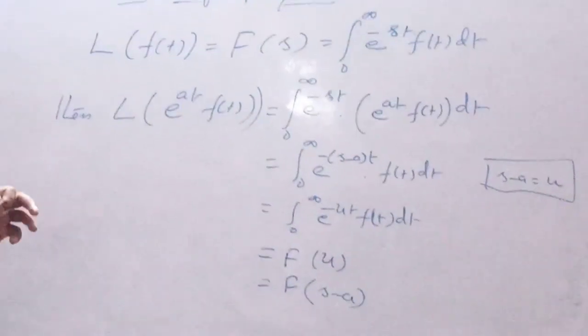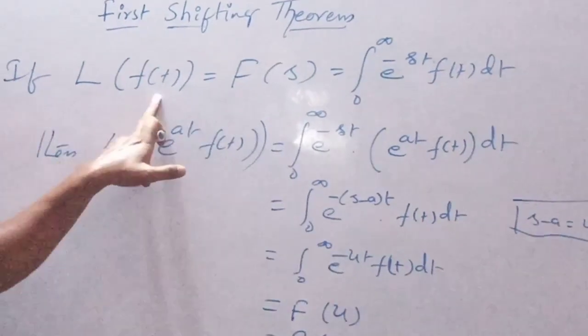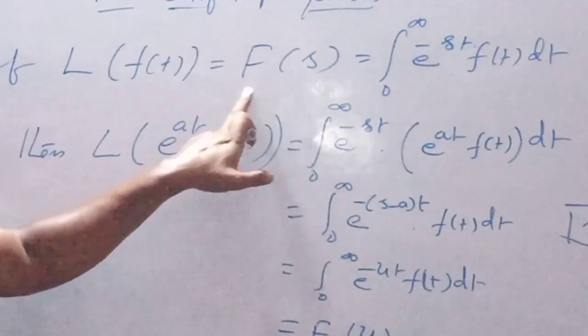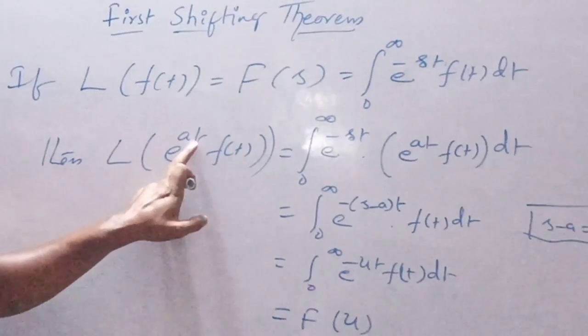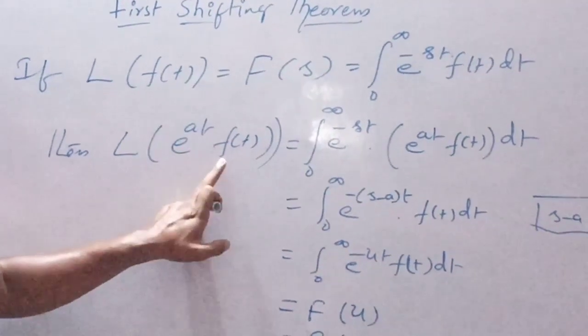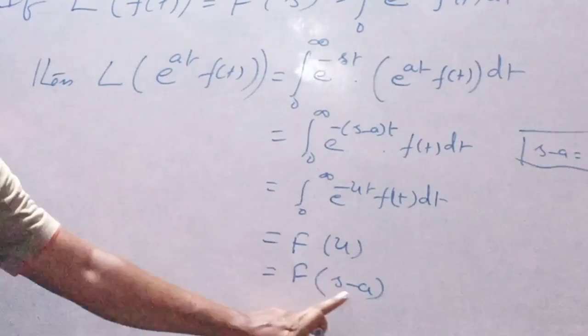Clear? So the shifting theorem is: if the Laplace transformation of f of t equals F of s, then the Laplace transformation of e to the power of at into f of t equals F of s minus a.